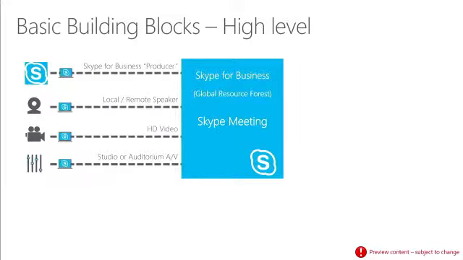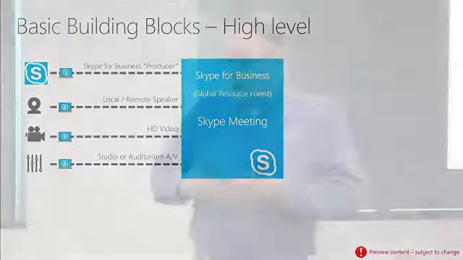Basically, all these sources of information, this could be a speaker with a Skype client joining in, or joining from a LRS room, or maybe even joining from a room like this with professional video. That is a source to that Lync or Skype for Business meeting.